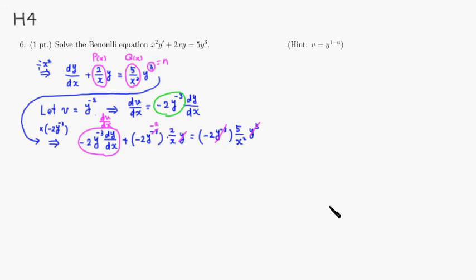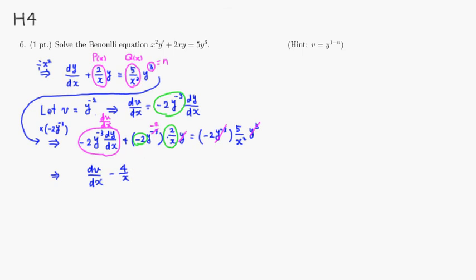Let's clean it up a bit. So here dv over dx is going to be our first term. Then let's collect the stuff that we already have. You have a negative 2 and a 2 over x, so that will be negative 2 times 2, so 4 over x.